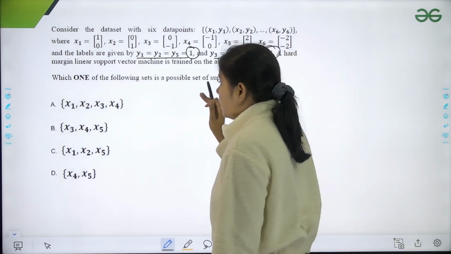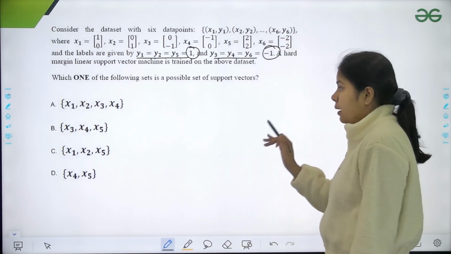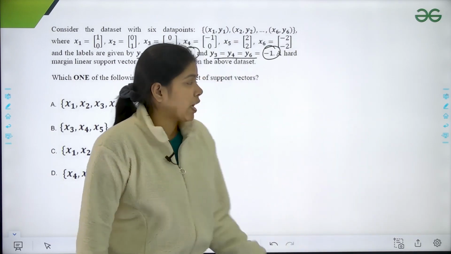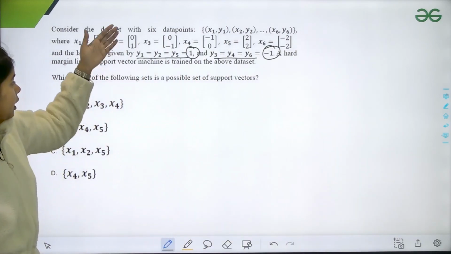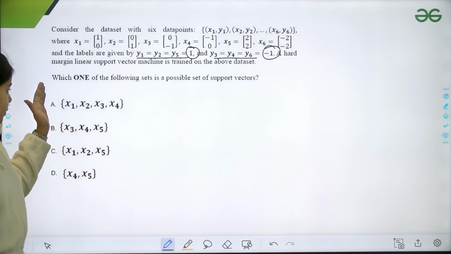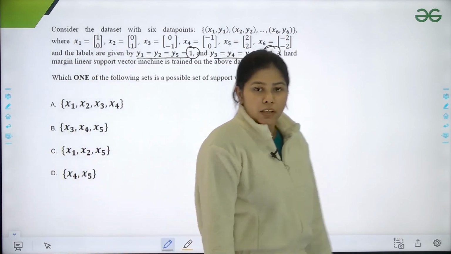A hard margin linear support vector machine is trained on the above dataset. Which one of the following is a possible set of support vectors?